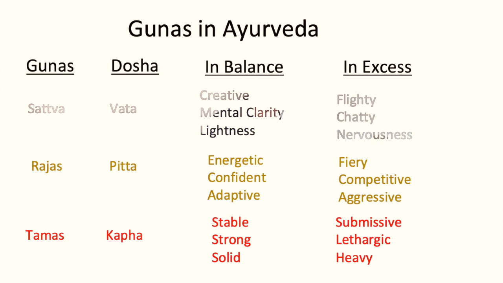When you see somebody that's just a little bit not there, a little too creative, a little bit too light, we see they have a little bit of excess sattva, a little bit of excess vata in their personalities.